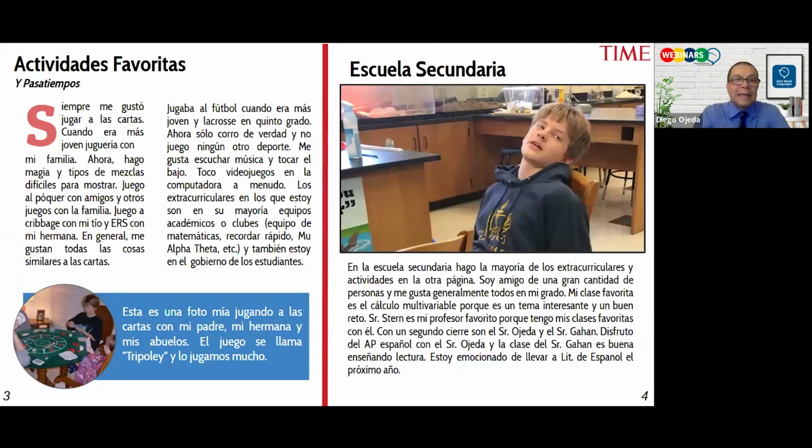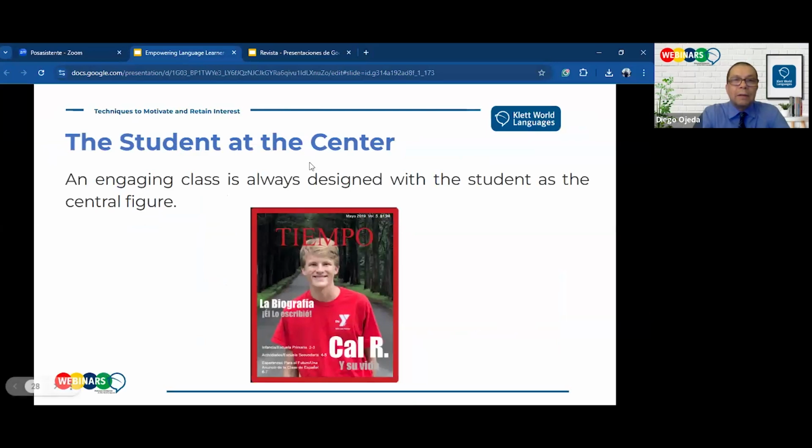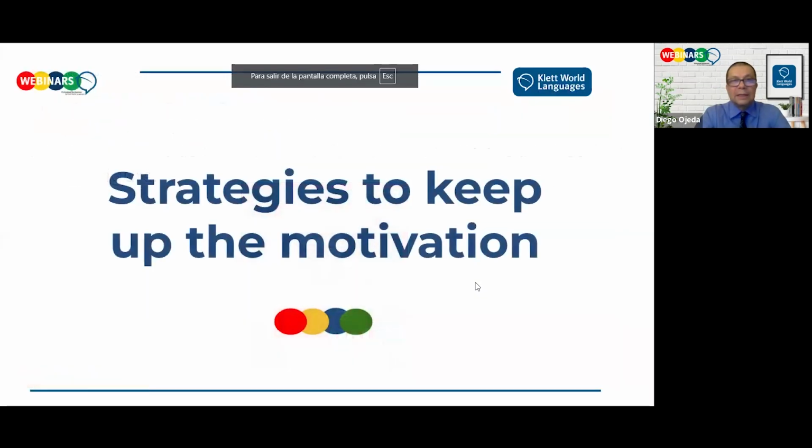At first I asked them to do it on paper, but with time paper just gets ruined, so I started asking them to do it digitally, so I can still show it. If you want the directions for this project, let us know. Write us an email to Clear World Languages, and we can share the project's idea.